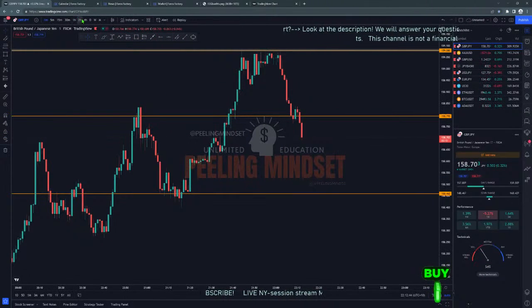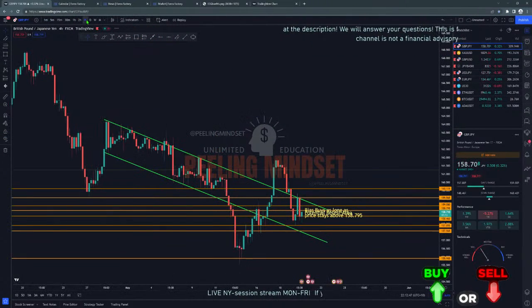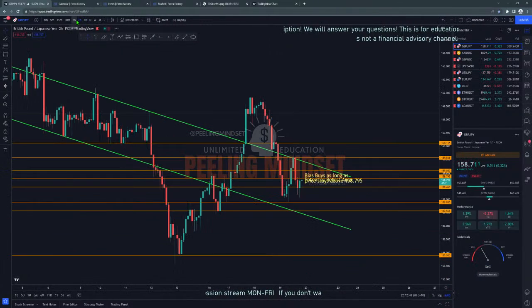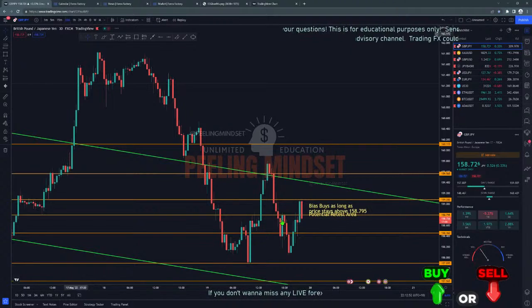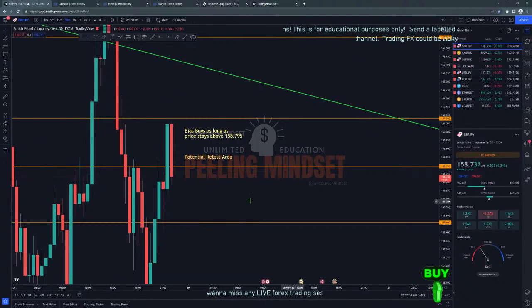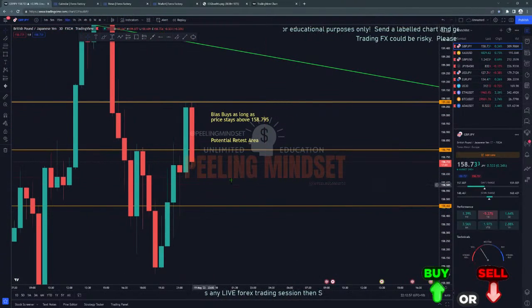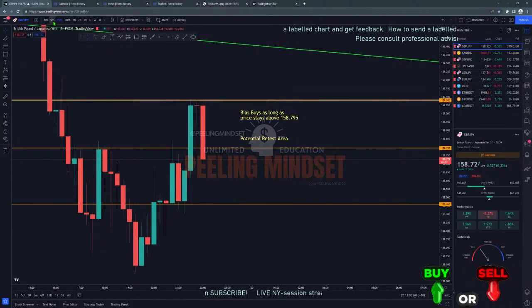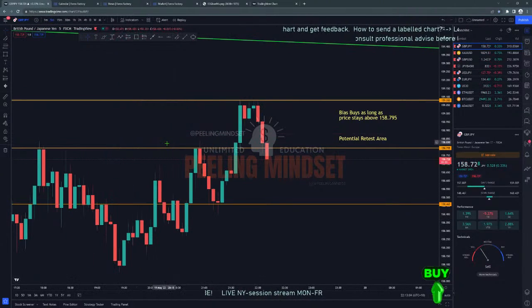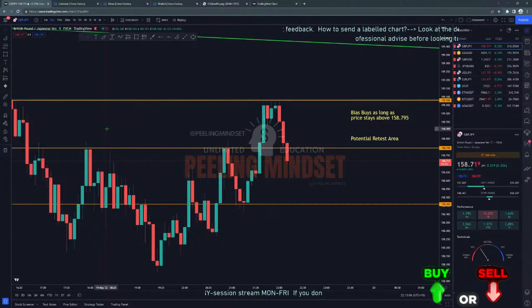Oh, pound yen trying to drop here. That was a spot on exit. Man, I love the exit. One-minute big candles, big bearish candles.